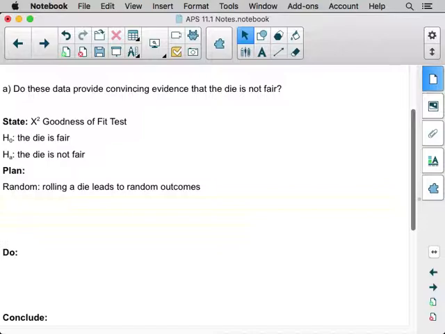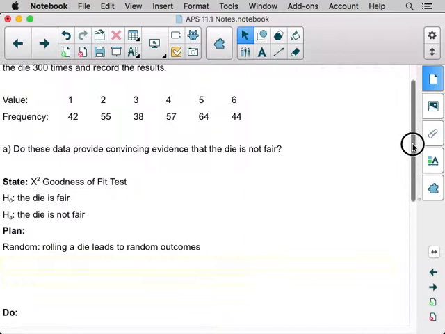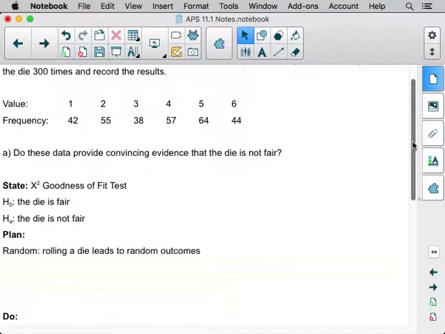Now, in this case, we rolled the die 300 times, right? So for a large sample size, don't we need to check all of the expected counts, what should have happened? What would the expectation be for every single one of these? What proportion? 1/6.